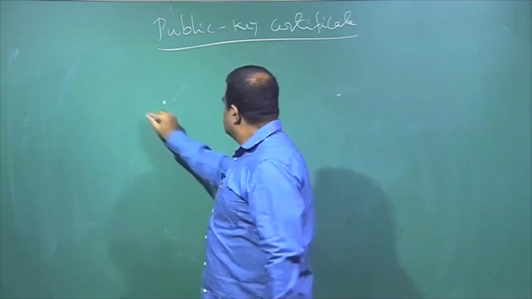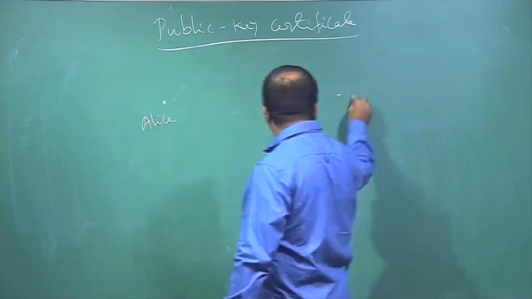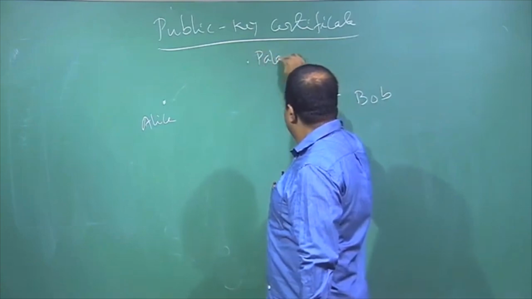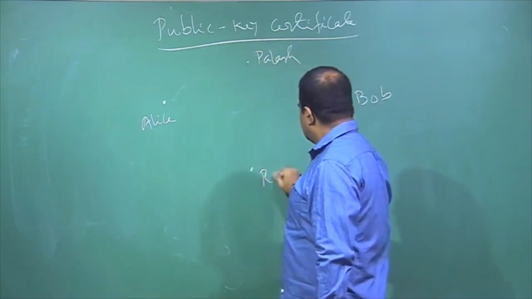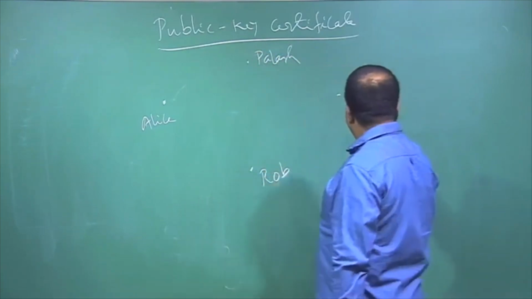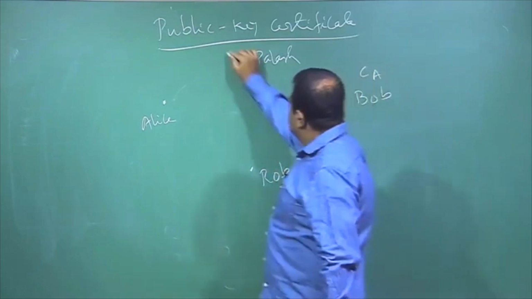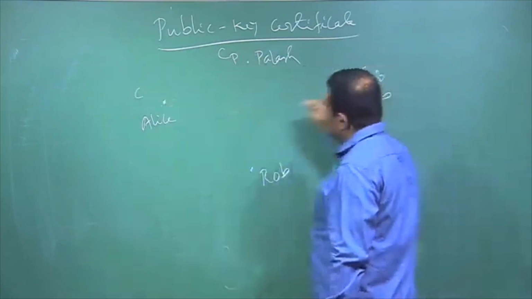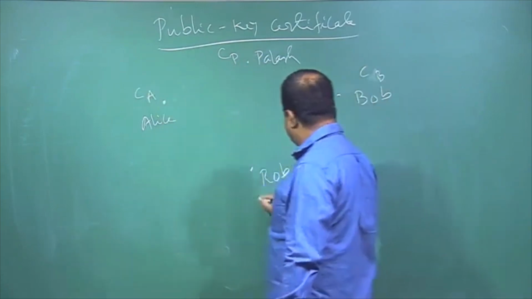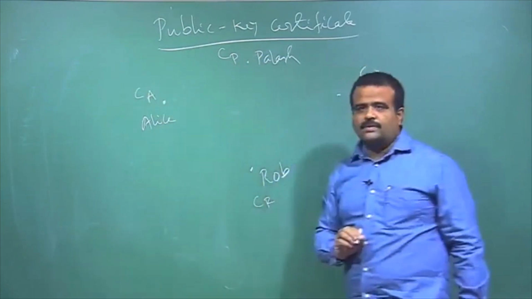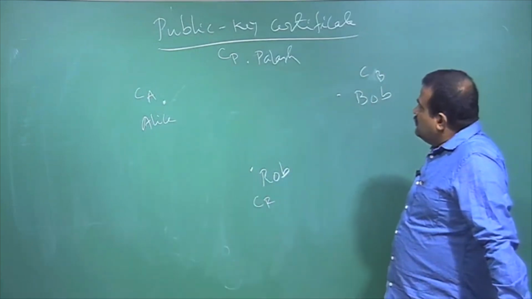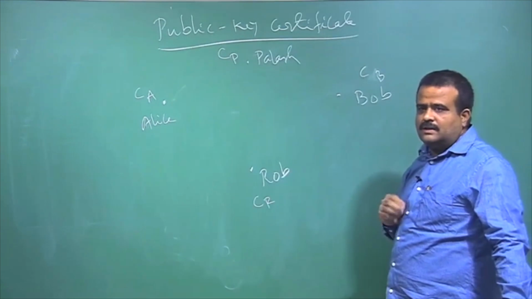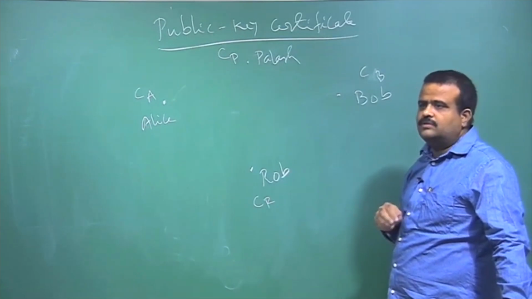So Alice, Bob, Palash, Rob, everybody is having their own certificate, CA, CB, CP, and CR.